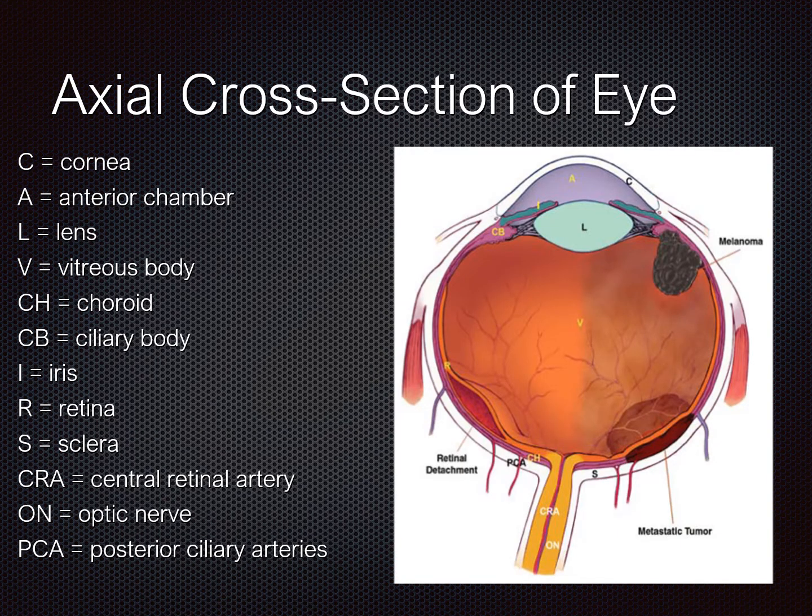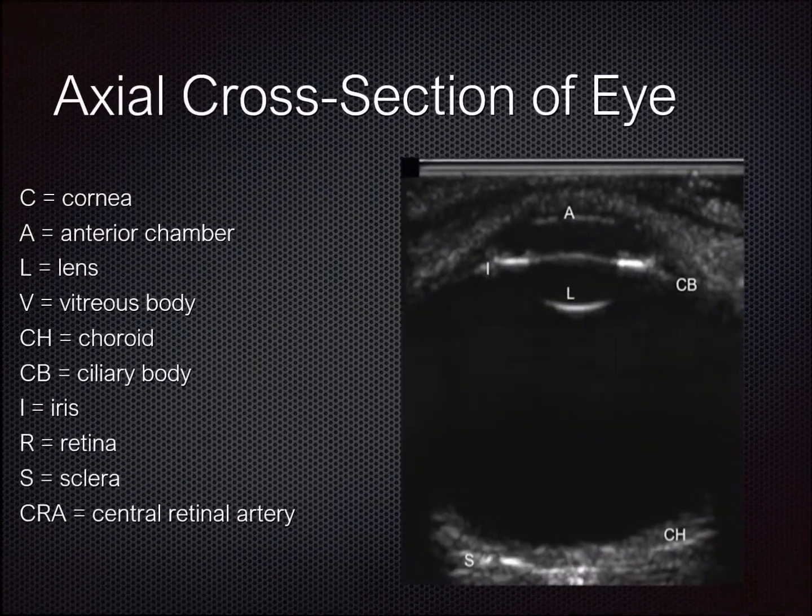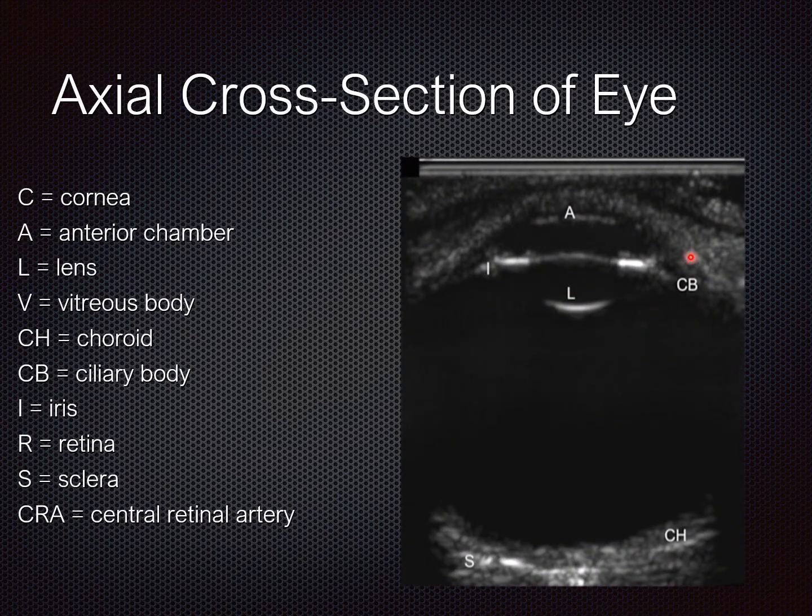So here is the anatomy drawing that you are accustomed to seeing. So here's the anterior chamber of the eye, the lens with the ciliary body, the retina, posterior or vitreous chamber, and the optic nerve here. And here's what it looks like on ultrasound.